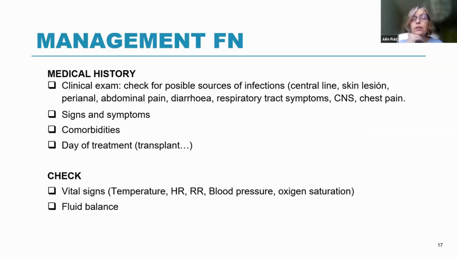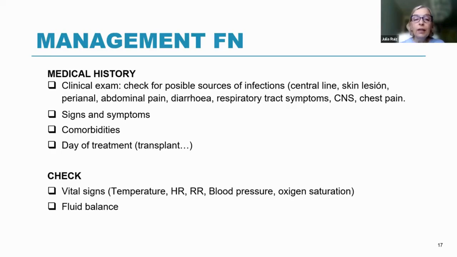So how do we manage febrile neutropenia? Well, it's very important to have the medical history and a good clinical exam to check for any possible source of infection. We have to check, together with the physicians, and I will focus later a little bit more on the nurse management, but here everyone has to know to focus and look at the central lines, whether they have any bad aspect or if they are okay, any skin breakage, lesion in the perianal zone, if there is any abscess, or if there is anything that we see that is not correct there.